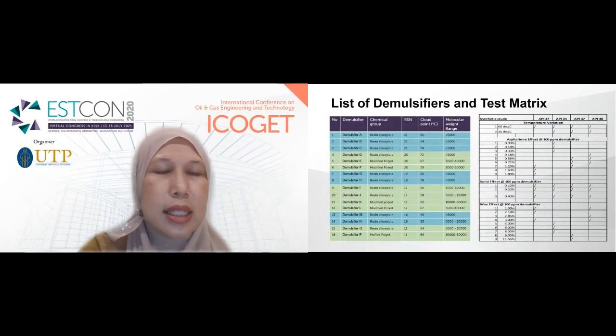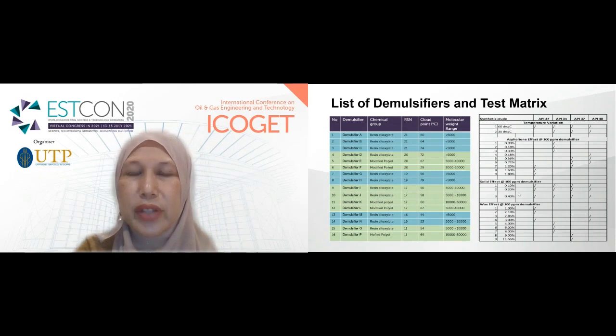Okay, this is the list of demulsifiers that we use to test in our study, which is about 16 demulsifiers altogether, ranging from RSN 11 to RSN 21. The molecular weight ranges from less than 5,000 to the highest of 50,000.